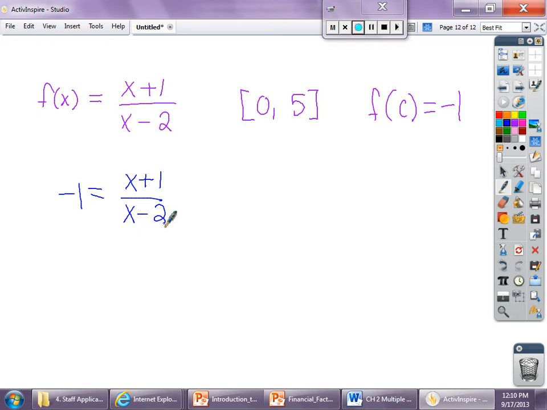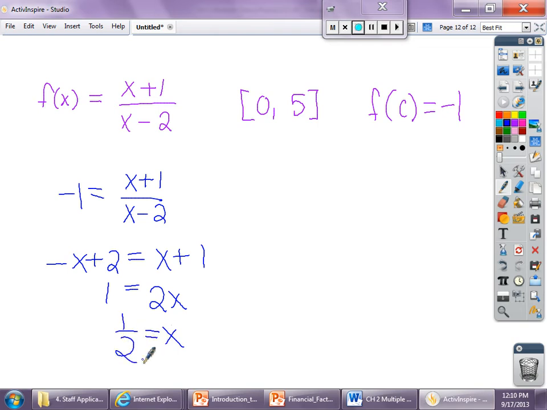That f of c is a y value, not an x value. Some of you keep saying put it into the domain or put it in for x. You're not putting it in for x, you're putting it in for y. So multiply to the other side. I'm going to distribute my negative right away. That's negative x. That's positive 2 equals x plus 1. I'm going to move this over, which I get 1, and I get x equals 1/2.